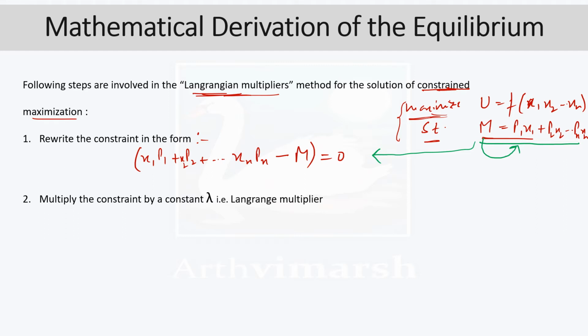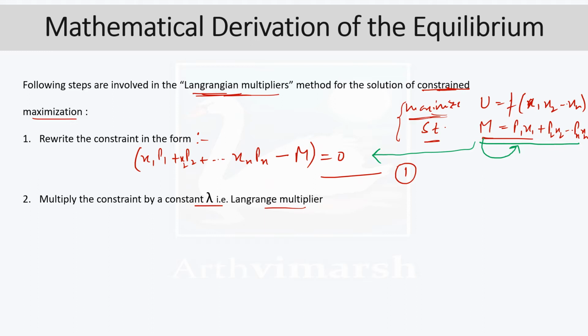Now in the next step, we have to multiply the constraint by a constant which is called lambda. Okay, so the resulting constraint is this. Say, for example, this is equation 1. We now have to multiply it by a constant lambda, which is called the Lagrange multiplier. So multiplying this constraint, what will we get?